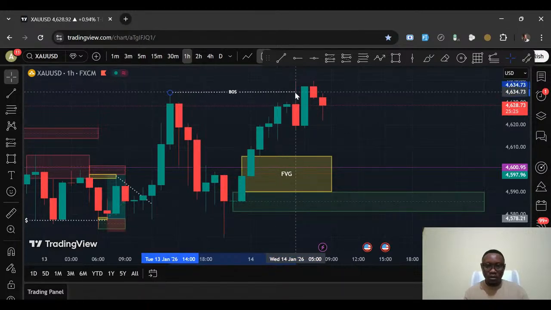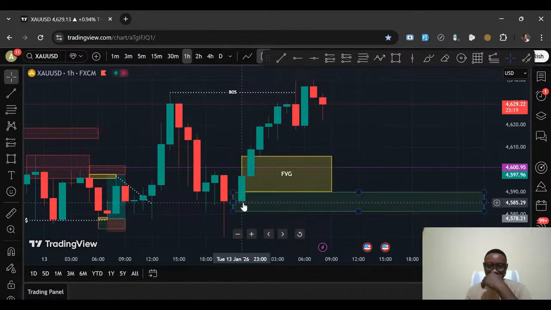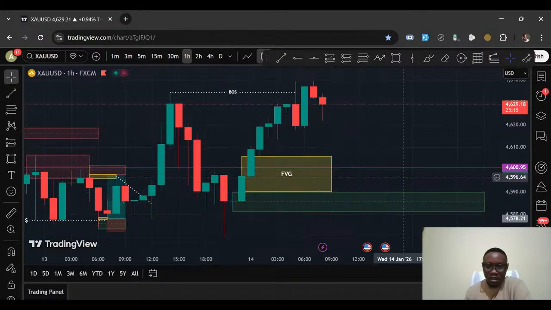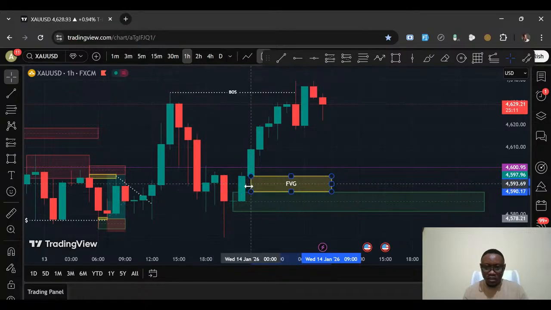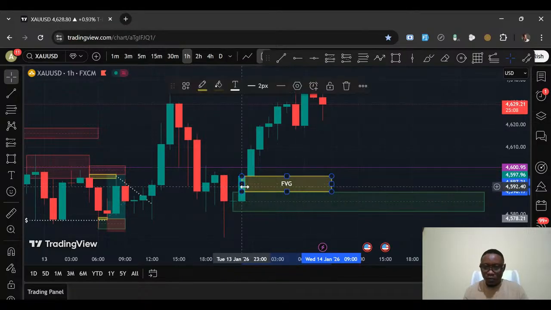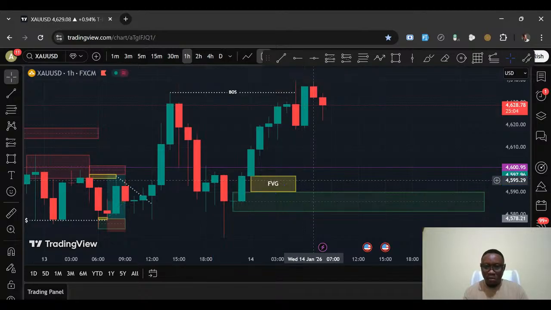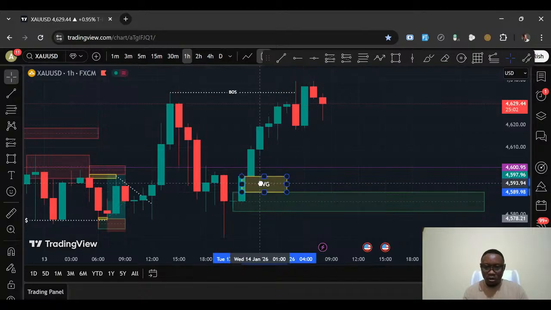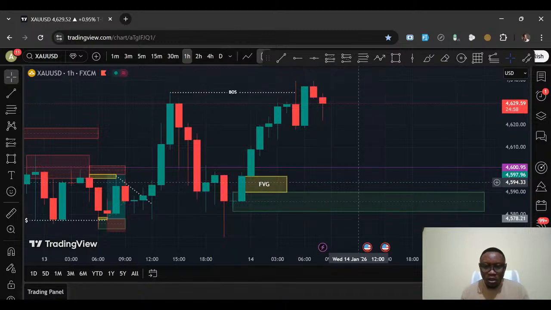So now on the 1H time frame, the order block zone aligns with that of 2H, so we are maintaining this. The fair value gap, we can refine it to this. This is our fair value gap here on the 1H time frame.